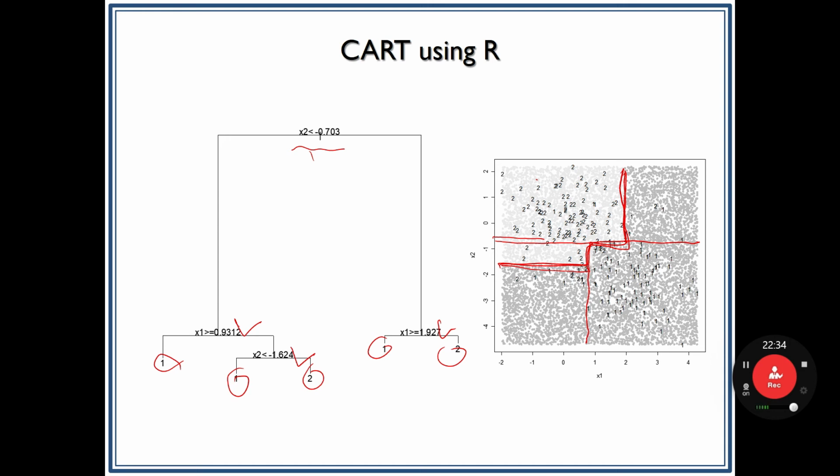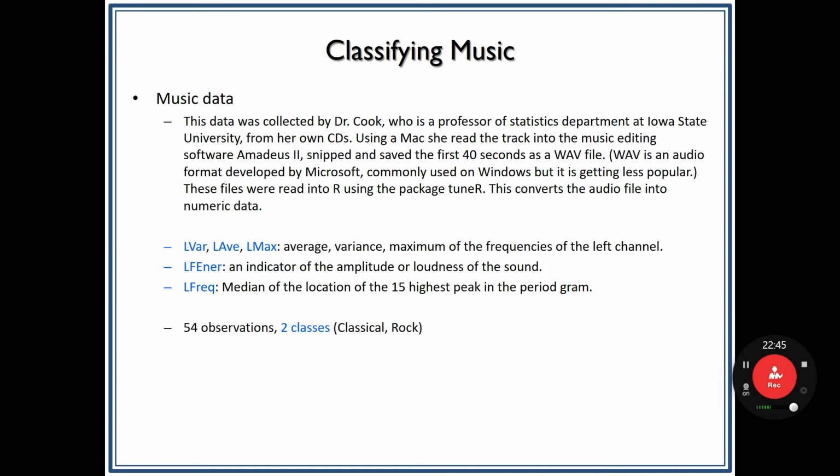So it's just for your information, to show how this decision tree forms the decision boundary. Okay, and this one is a real data set, music data, and let me read this paragraph.